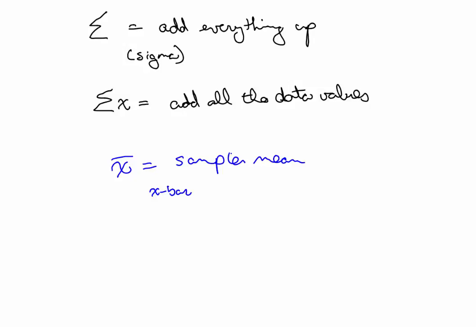The other one is if we have a population mean, where we have the actual entire population, and that is going to be the Greek letter mu. That is pronounced mu. Let me put quotations around this up here. And that means the population mean. And you will need to know what these symbols mean and what they represent.